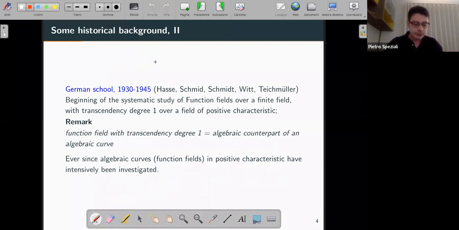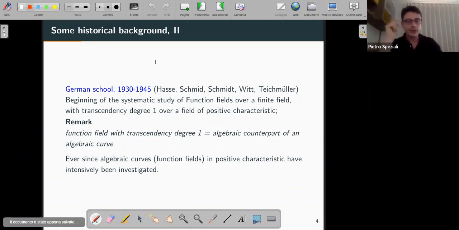So just to mention a little bit the historical background behind what happens here. The first studies of automorphism groups of Riemann surfaces are from the end of the 19th century. The flourishing of studies of automorphism groups of algebraic function fields of transcendency degree 1, actually over fields of positive characteristic, you have to wait until the 30s.